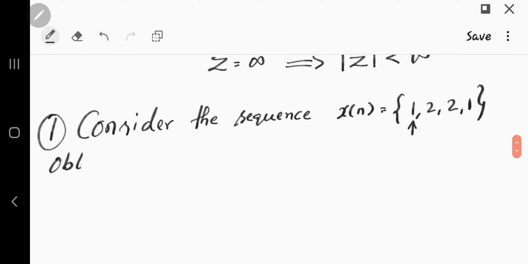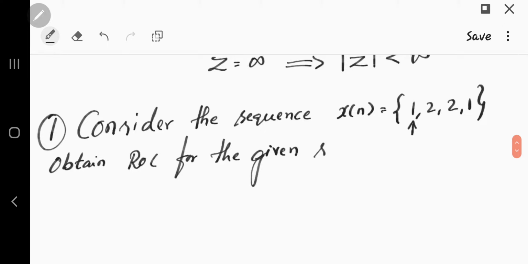Now the point is to obtain the ROC for the given sequence. You have to identify whether it is a right-sided or left-sided sequence, in other words, a positive time sequence or a negative time sequence.